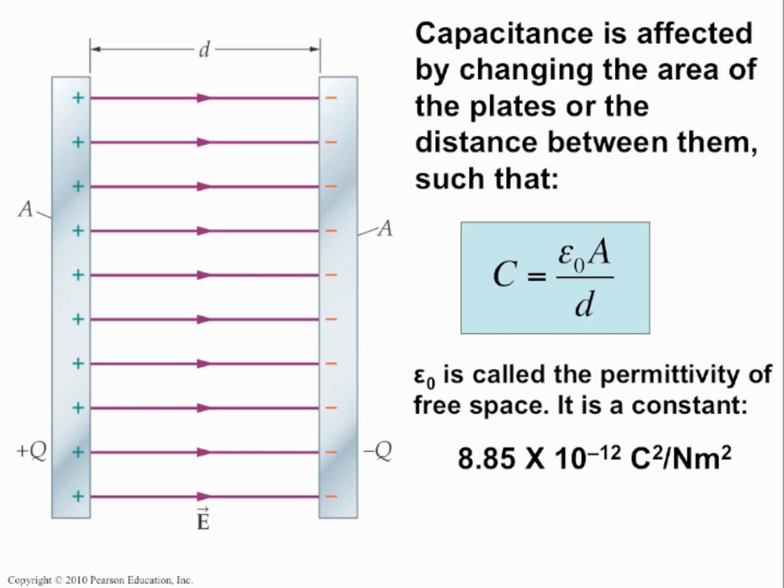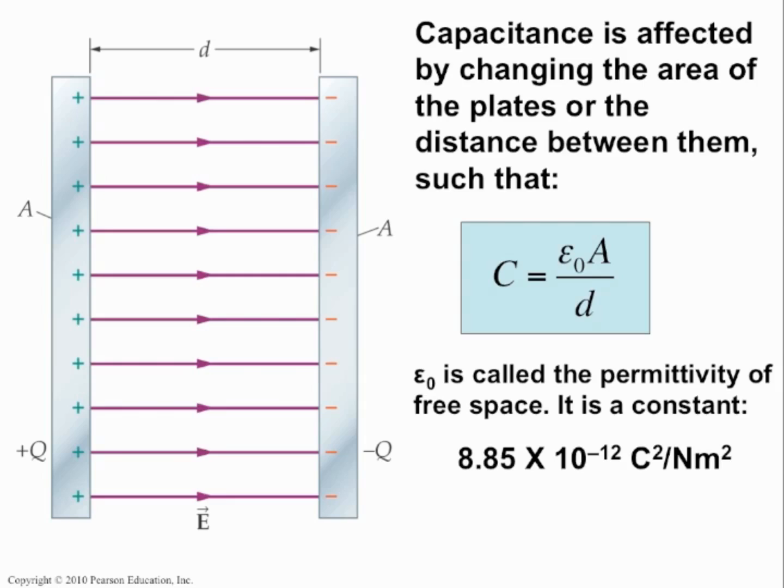But for now, just realize that permittivity refers to the ability of electric fields to go through a substance or a medium, and in this case free space is a vacuum, so it's like a non-medium, but it's what is between the plates. All right, it refers to the electric field that can go through what's between the plates. Now, you don't have to worry about all that explanation stuff.